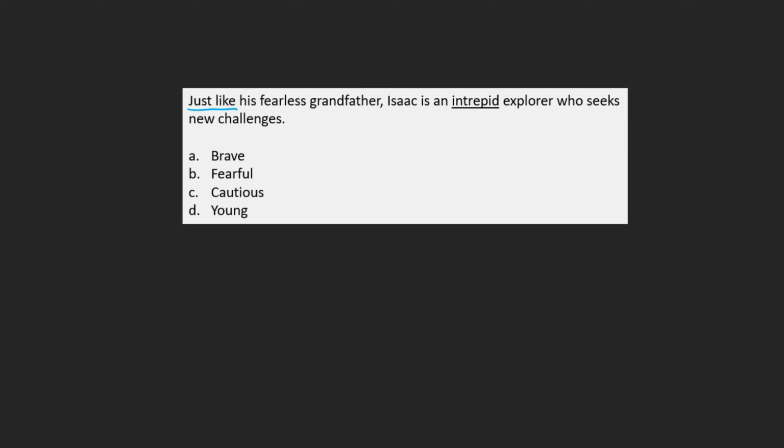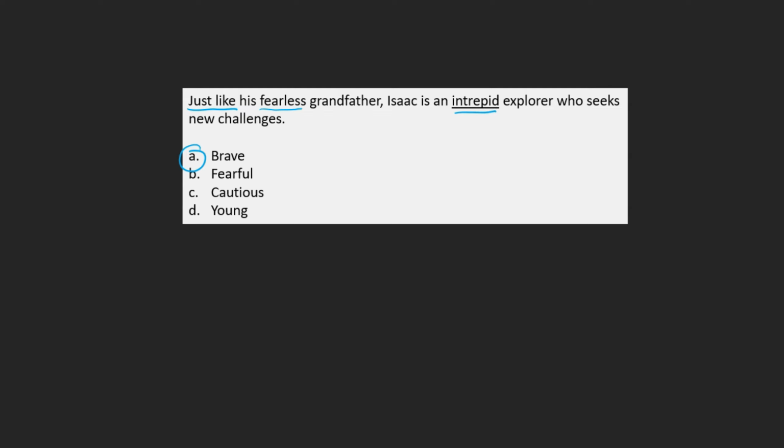Therefore, whatever his grandfather is like, Isaac will be the same. In this case, the sentence tells us that Isaac's grandfather is fearless. Therefore, Isaac must be fearless as well, and that must be the definition of intrepid. Based on this, we can head down to our choices and see that A, brave, best matches our definition and can be marked as our final answer.